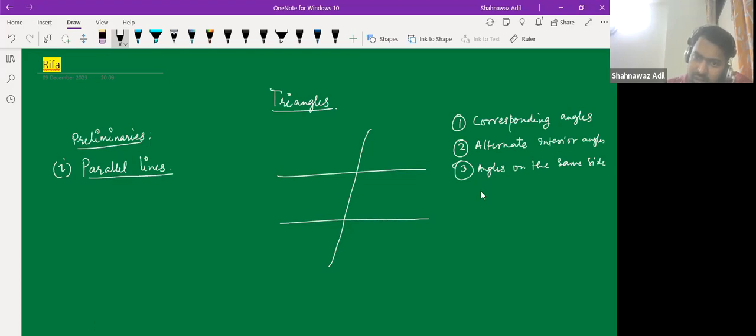And of course, you have the vertically opposite angles and so on. All these are equal. Only these ones are supplementary.